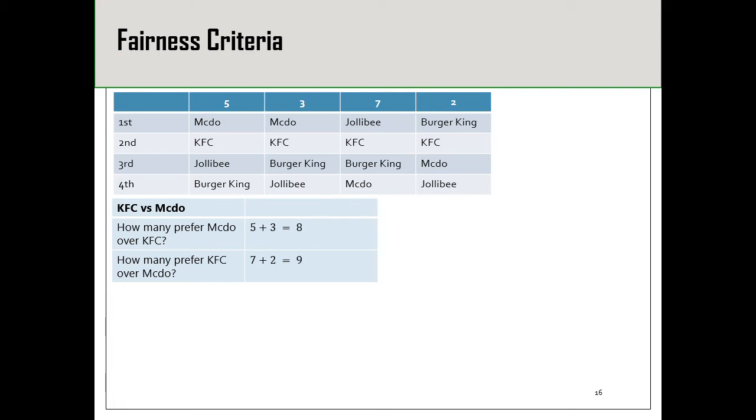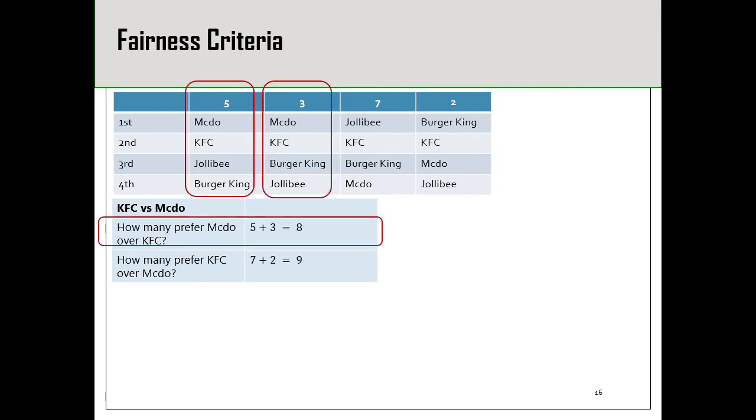Whoever has the most votes is the winner. So, let's count how many people prefer McDo over KFC. To count this, we look at the preferential table. Notice that 5 plus 3 people put McDonald's over KFC.